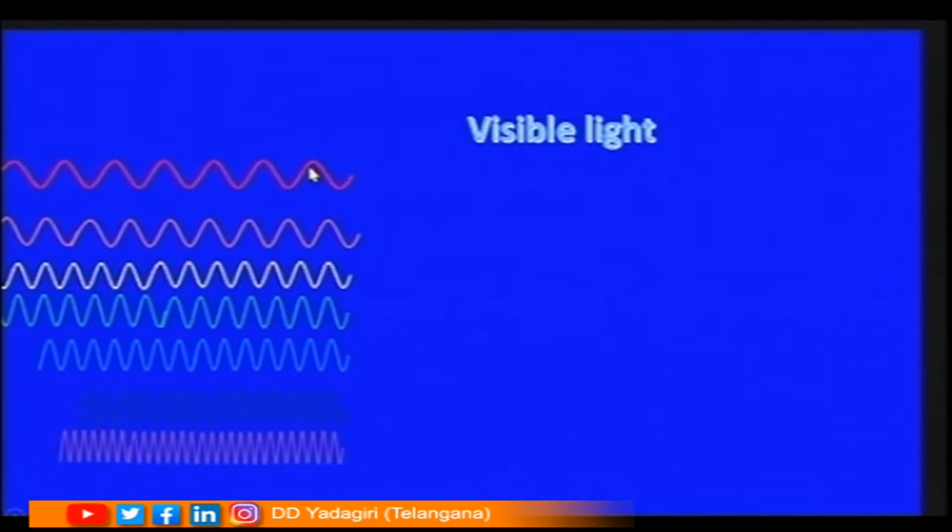You can observe the difference between the red light and the violet light. Here the separation between two successive crests is greater. That's why red has a higher wavelength and a lower frequency, that is 7000 angstroms. Likewise orange has a lesser wavelength than red, 6200 angstroms. Yellow has 5600 angstroms.